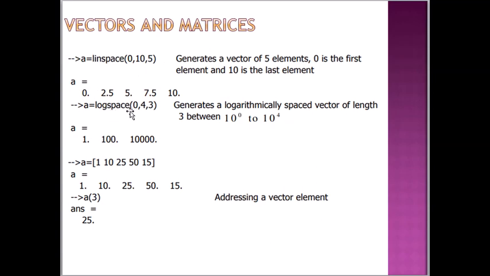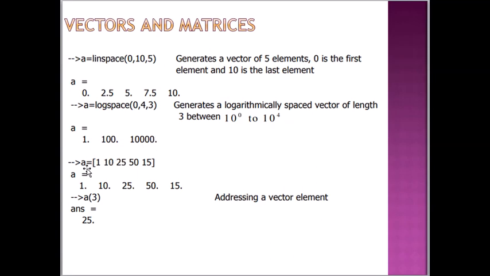And logspace generates a logarithmically spaced vector of length 3 between 10 to the power 0 and 10 to the power 4. Then we get 3 values only. The last argument shows the total number of values, like 1, 100 and 10,000.